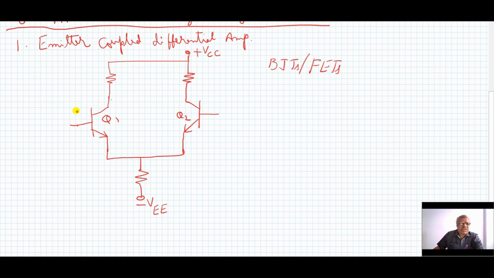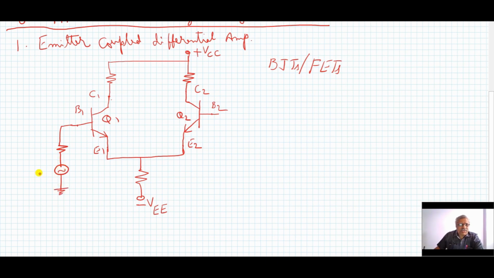So for the first transistor, this is a B1 terminal, this is a C1 collector, this is a emitter E1, and for the second transistor, this is a C2 terminal, collector 2, this is B2 terminal, base 2, and this is a emitter terminal E2. And we can apply two input signals for the two bases of the differential amplifier. So let us represent the input signal with its Thevenin's model.